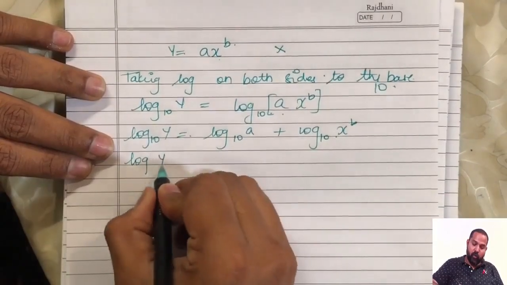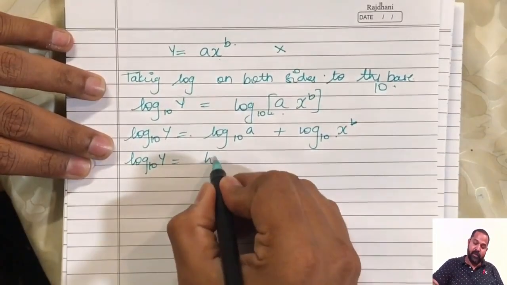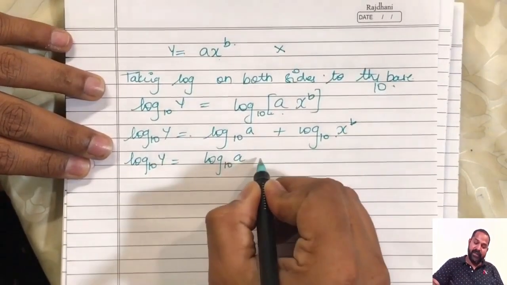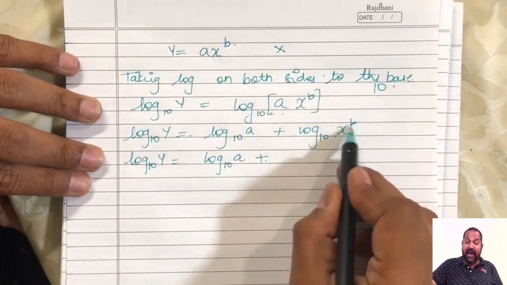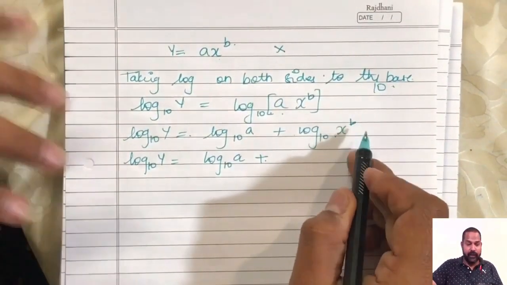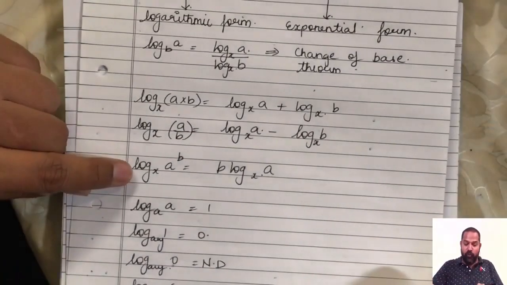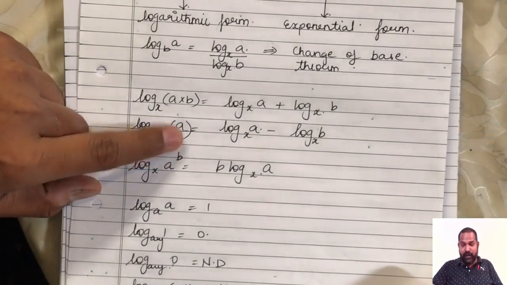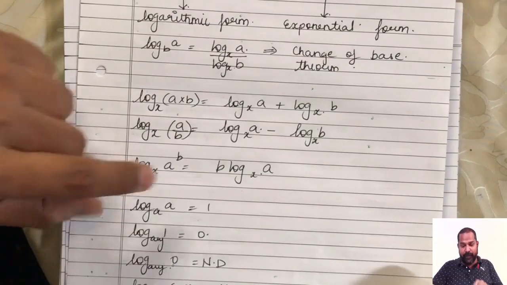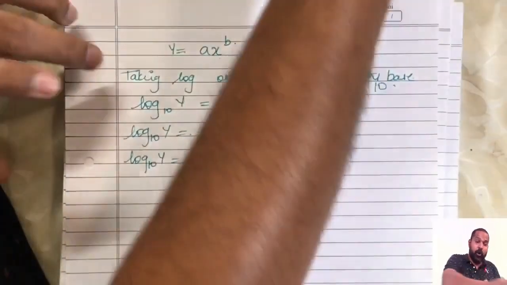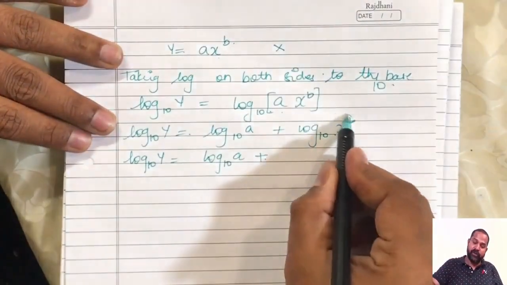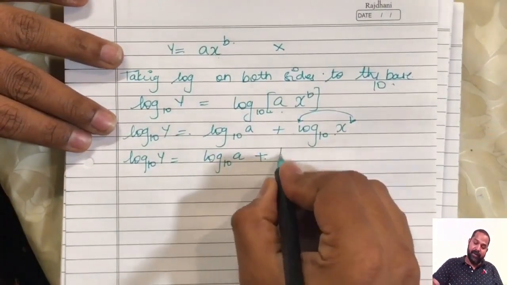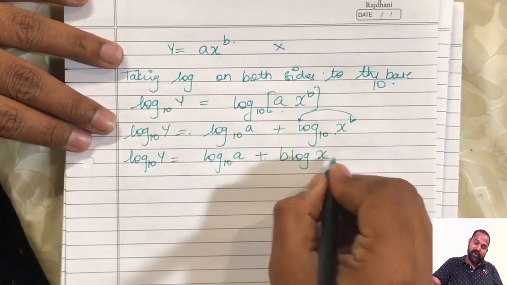Log of y to the base 10 is log a to the base 10 plus log of x raised to b. What is log of x raised to b? Well, the power comes in front and becomes b log x, or logarithms have the power to bring down a power as a coefficient. So this comes down and becomes b log x.